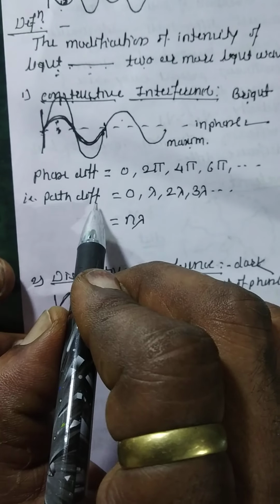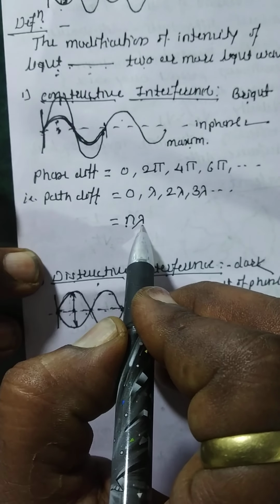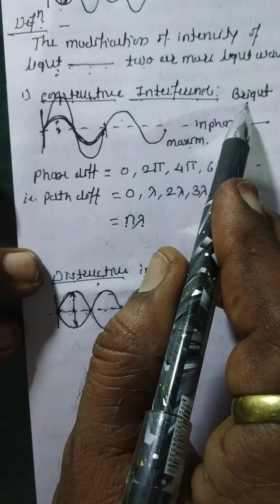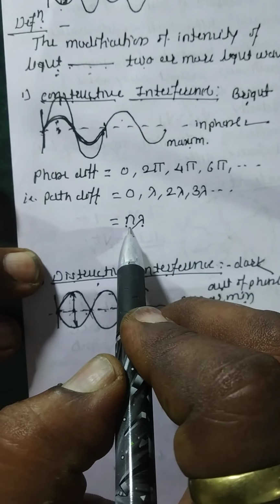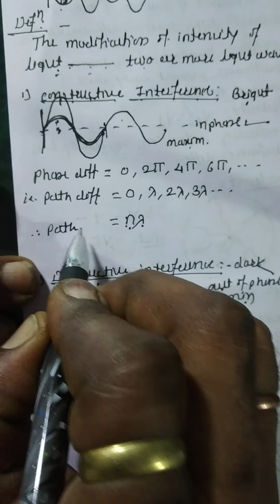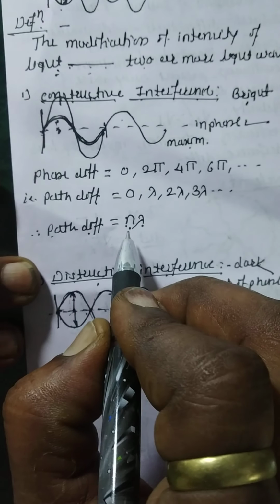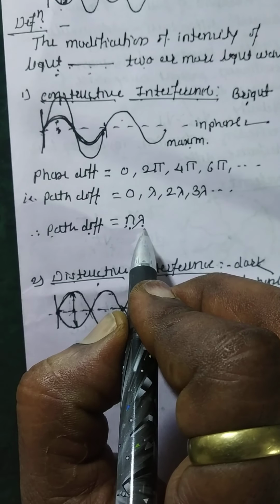Means if path difference between two arriving waves is equal to integral multiple of wavelength, then corresponding point is bright. This condition is called as condition of brightness. What is condition of brightness? That is path difference between two arriving waves is integral multiple of wavelength lambda.